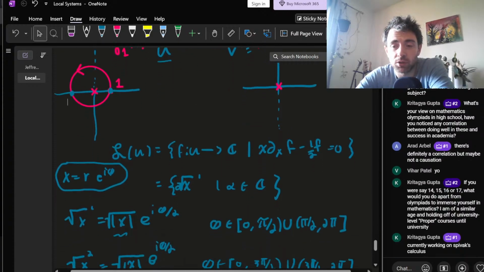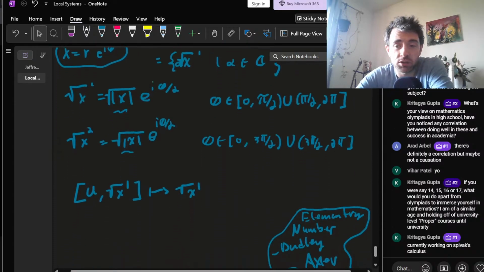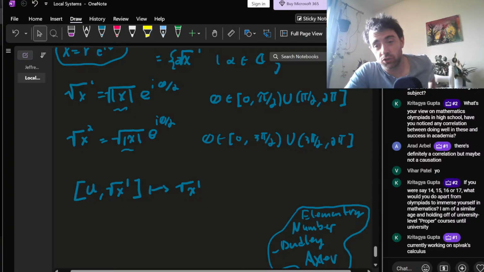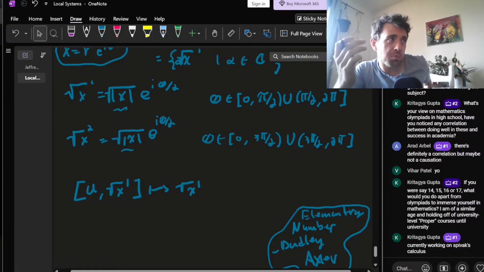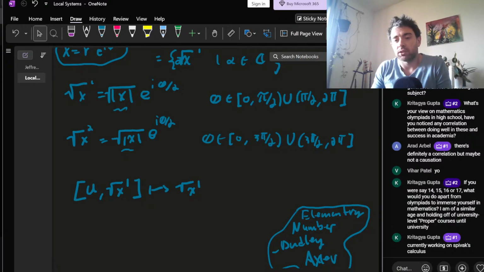Oh, you're currently working on Spivak. Nice. Well, then I think a great thing to do, if you're enjoying Spivak, is to just keep at it, and keep trying to go as far as you can, but also really try to understand things, really make sure you do the exercises well and understand the solutions very well.